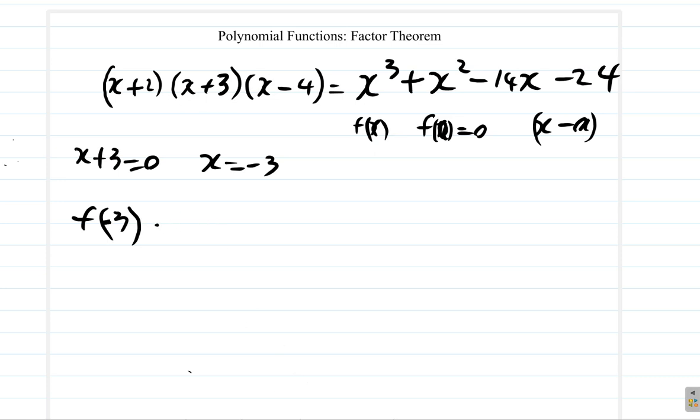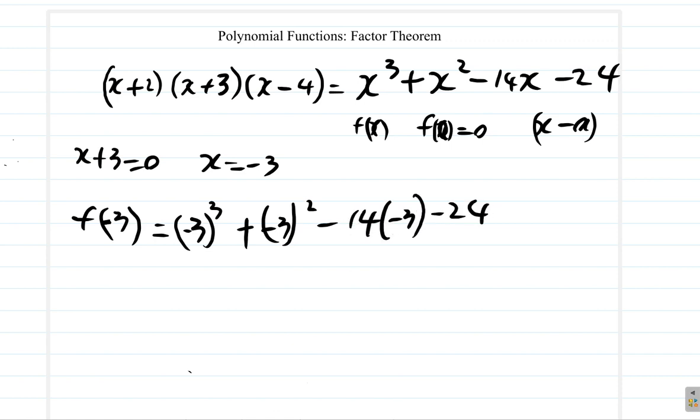Let's try that. Negative 3 cubed plus negative 3 squared minus 14 times negative 3 minus 24. So negative 27 plus 9 plus 14 by 3, which is 42, minus 24. Negative 27 plus 9 is negative 18.